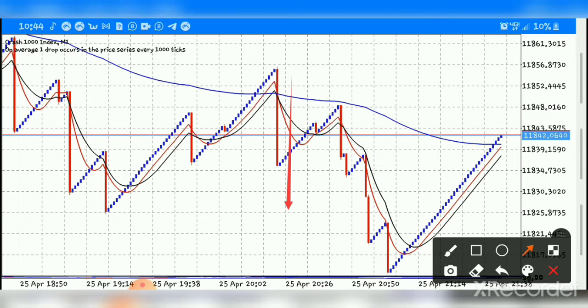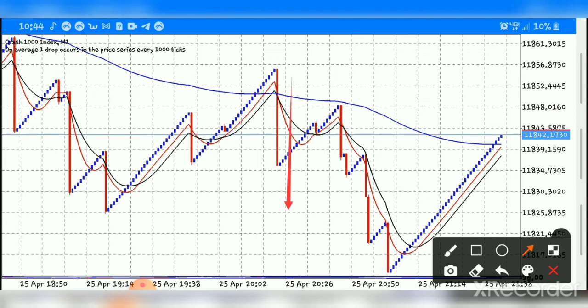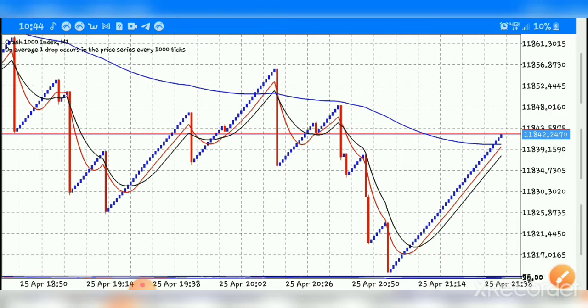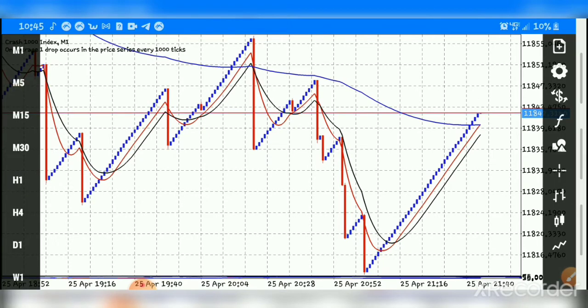If it was a normal market, it should be going one by one, and the candles should be moving one by one. But in this case, the spikes happen within seconds. I think there's going to be a spike very soon, so you understand what I'm saying. The red will just come and cover.